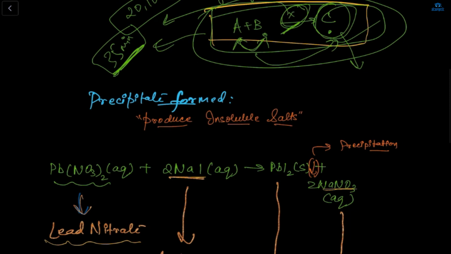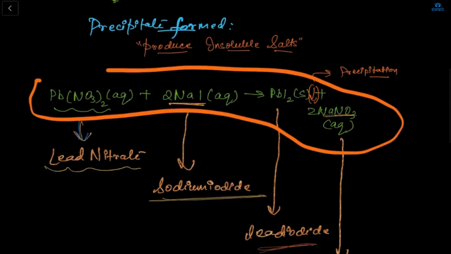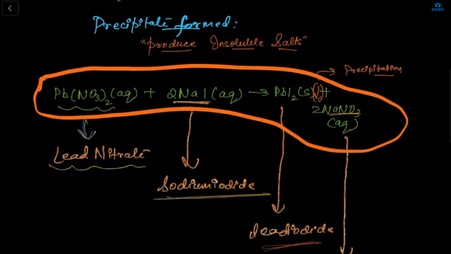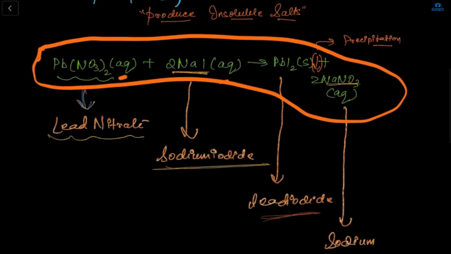Here, let's say I'm taking one chemical equation, Pb(NO3)2, which is lead nitrate, plus 2NaI, sodium iodide. This is an aqueous solution, and after reacting, it gives two products. First is lead iodide and the second is sodium nitrate.